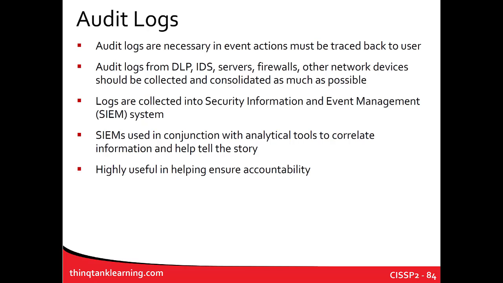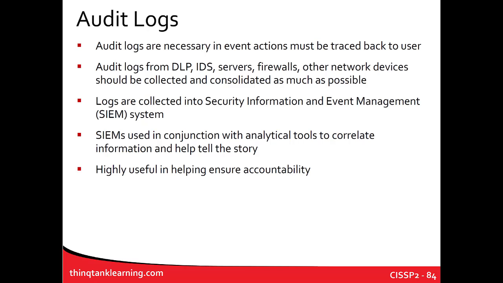All right? Audit logs. These are necessary if event actions have to be traced back to a user. All right? Audit logs are basically the proof. They're not just records, they're a narrative. Who accessed what, when it happened, what was changed, what was moved, what was deleted.